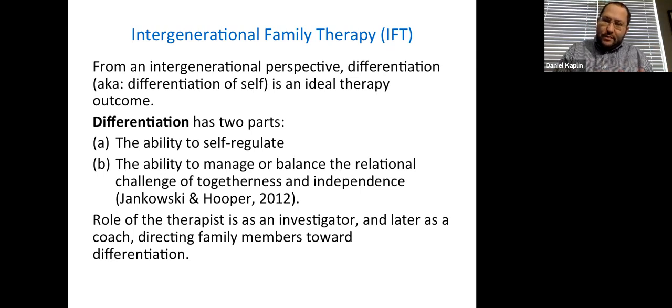So there's a separation and individuation process that is required. But from a family systems model, it's a delicate balance between your independence and the family cohesion, right? So the goal should be that you become separate and independent, but still be connected to the family in a healthy way.